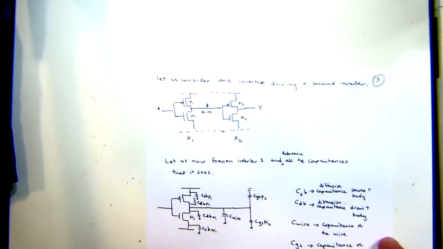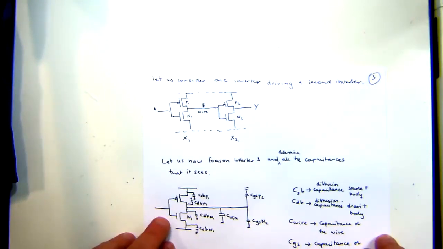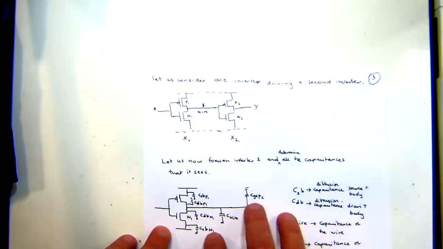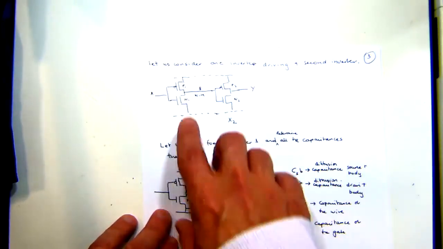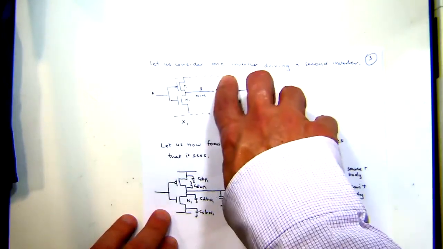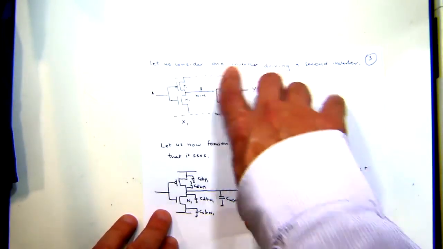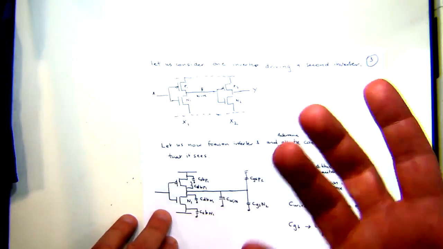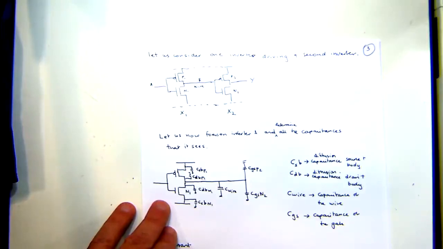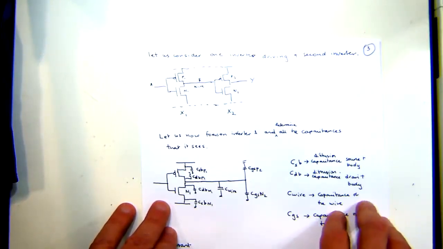Now, in order to start determining the propagation delay, let's look at all the capacitances that are part of this circuit. Drawing it as this schematic diagram hides a lot of these capacitances that are really there and are causing our circuit to decrease in speed and increasing our propagation delay.